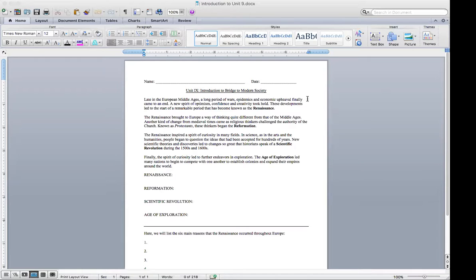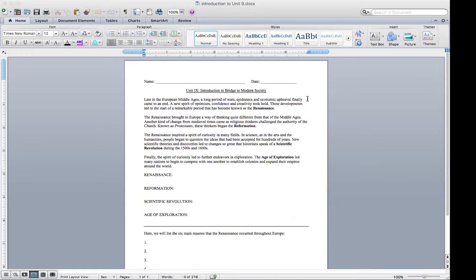Late in the European Middle Ages, a long period of wars, epidemics, the plague, like the 100 Years' War, and economic upheaval, the end of feudalism, finally came to an end. A new spirit of optimism, confidence, and creativity took hold. These developments led to the start of a remarkable period that has become known as the Renaissance.